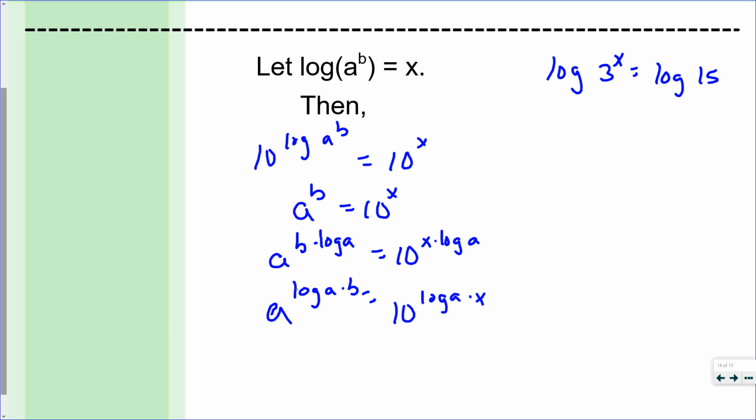No, a to the log a is different because the log is base 10 and this a is base a. That doesn't actually cancel, but on the right side, it does. The base 10 cancels with the logarithm, and I have log a times b equals a to the x power.